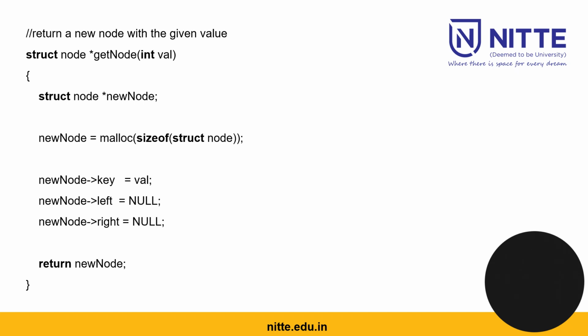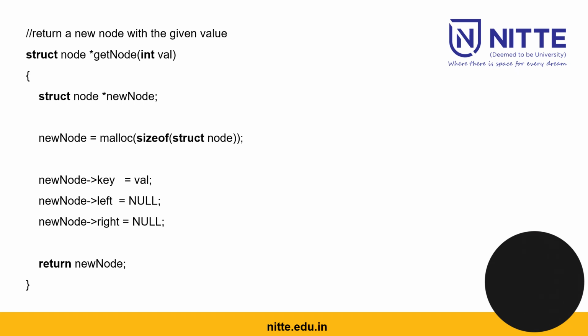Then we have to allocate memory for that new node. So we use the function malloc(sizeof(struct node)). Then that memory will be allocated to the new node. Now for the new node's key, we have to assign the value.